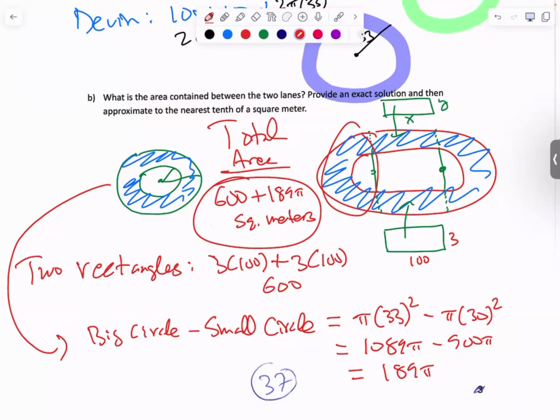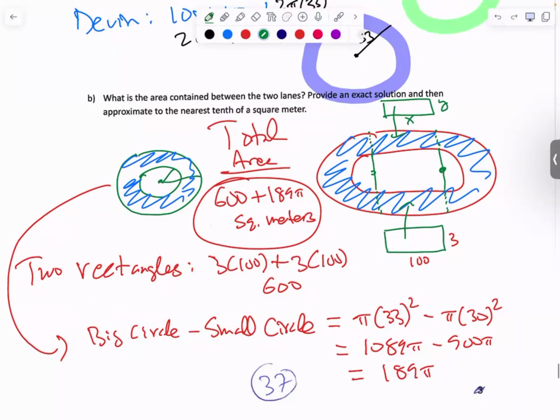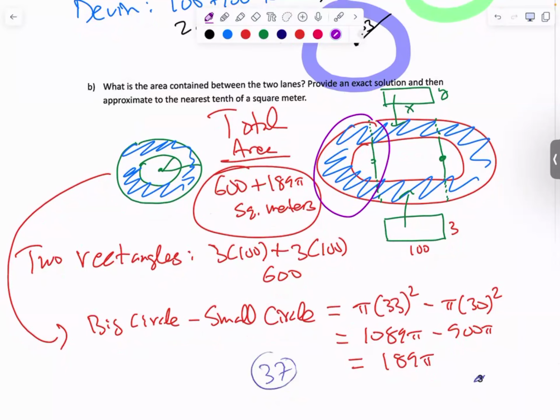If I take this part, okay, let me switch colors here, if I take this part and this part, that forms a donut that we get over here. And so that's how I find it. And if they want the approximation, it's about 1193.8 square meters. It's also written that way too, just so you know.